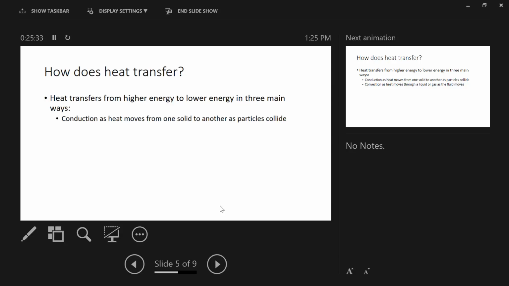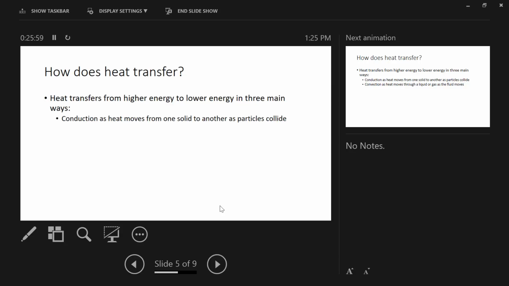Now, true or false? If you heat the ground up, the air above the ground heats up as well. True or false? True, right? Let's think about this. Let's say you light something on fire, right? You build a nice fire pit, you've got a piece of wood, you light it on fire. That piece of wood is getting hot, right? It is on fire. The air around that piece of wood, it heats up too.